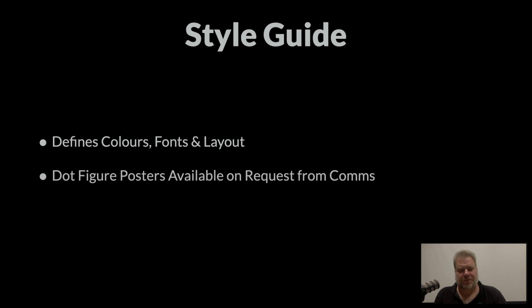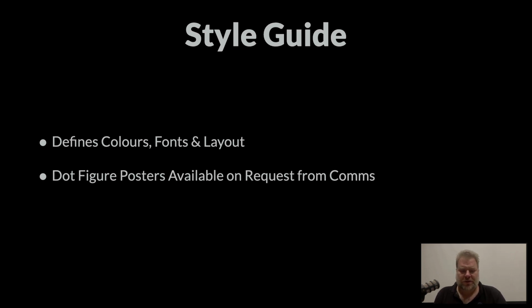Okay, style guide. So we're into new stuff now. In the past few months, Tony Coombs, one of the Camberwell members, who's a graphic designer, had a look at all our printed and digital material and came up with a style guide, which I'll show you in a second. The style guide basically defines the colors, fonts, and layouts of our printed and digital media.